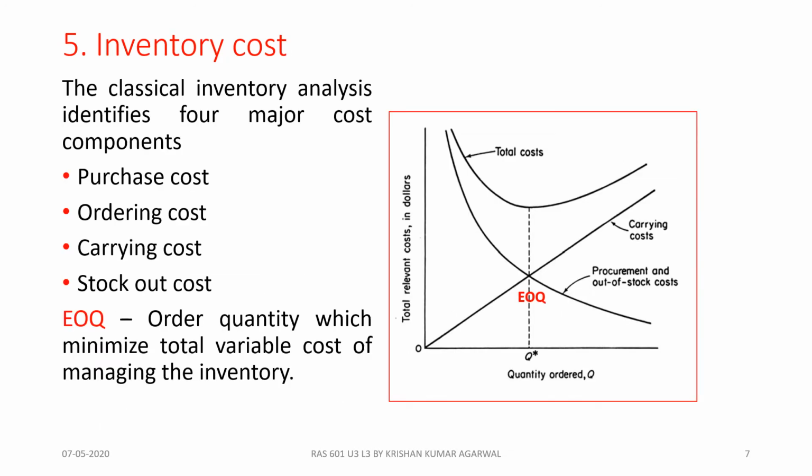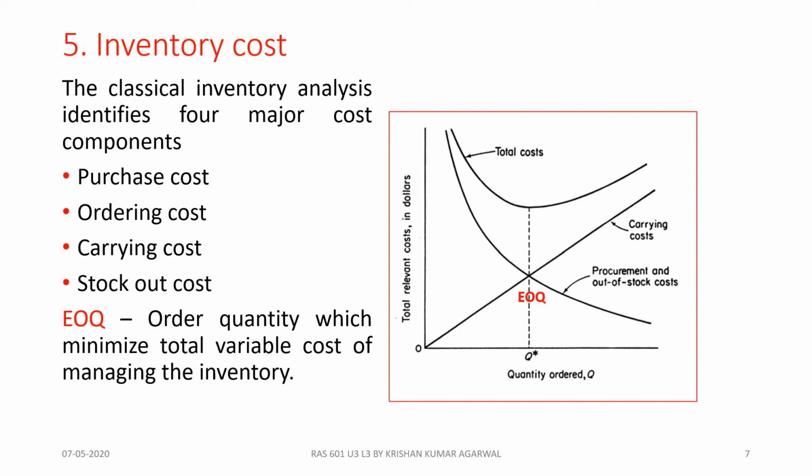Next, we'll discuss the different inventory costs that are incurred in order to maintain the inventory within the plant. The classical inventory analysis identifies the different kinds of costs. The major costs to maintain the inventory are purchase cost, or we can say unit cost, and the next one is ordering cost, or we can say procurement cost.